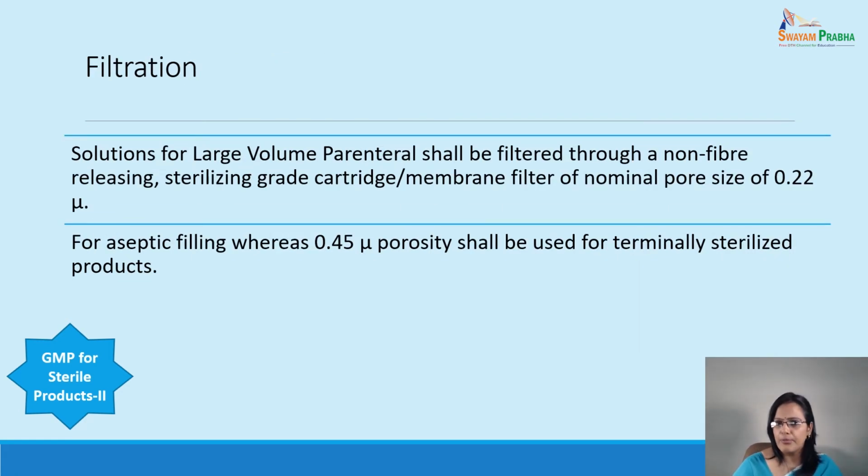Filtration, third point. The solution for large volume parenterals shall be filtered through a non-fiber releasing sterilizing grade cartridge membrane filter of nominal pore size 0.22 microns for aseptic filling, whereas 0.45 micron porosity shall be used in terminally sterilized products.